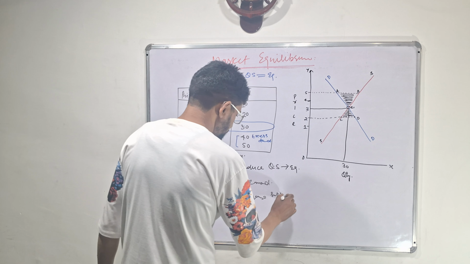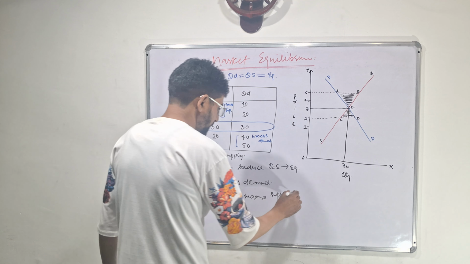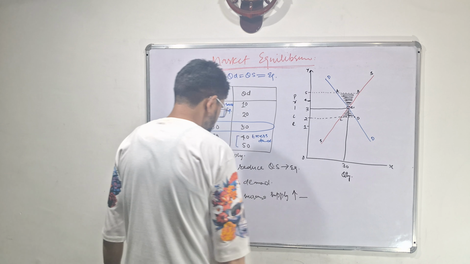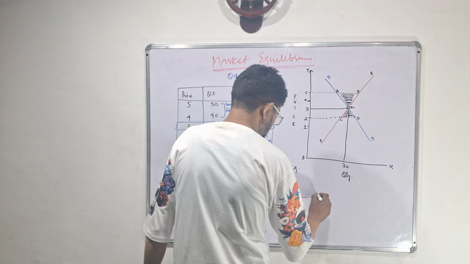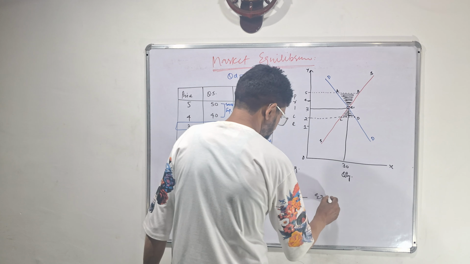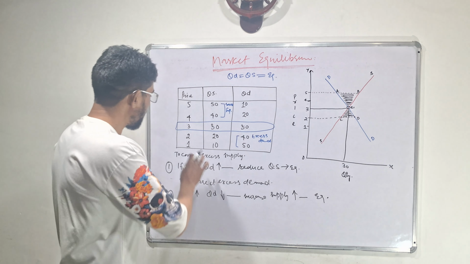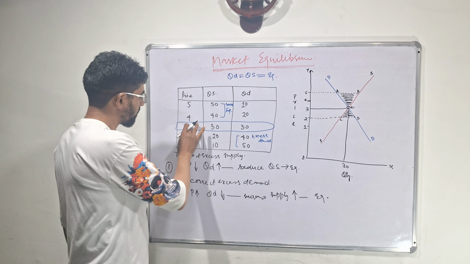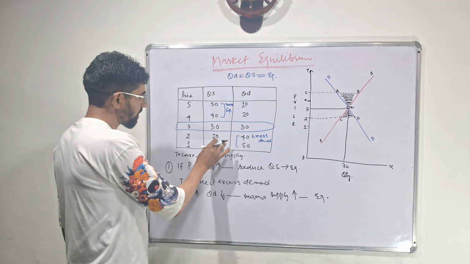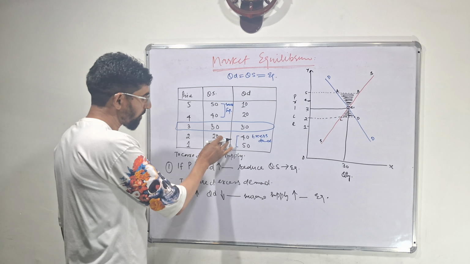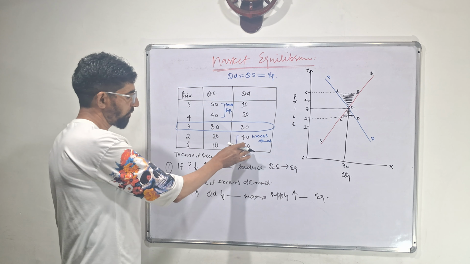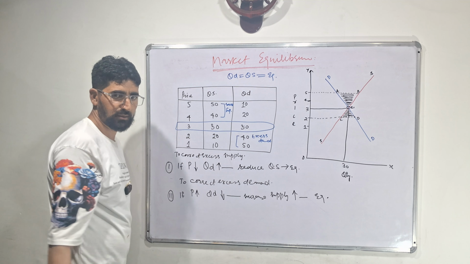Quantity supply will increase. Definitely we will arrive at the equilibrium point. When price increases 1 to 2, continuously 3, quantity supply will increase 10, 20. This increase in supply will lead to reducing quantity demand 50, 40, then we will arrive at 30.